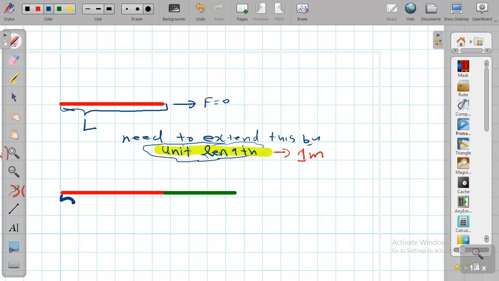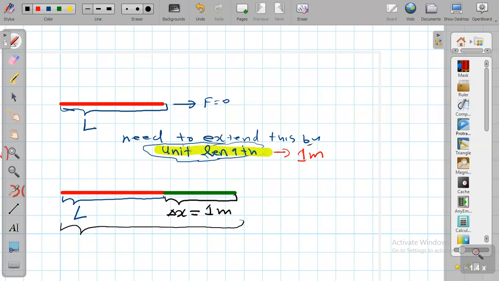It had the length of L. Now you extend it by, what is the new extension? 1 meter. You extend that spring by 1 meter more. It had the length L. Now the total length is what? L plus 1 meter.